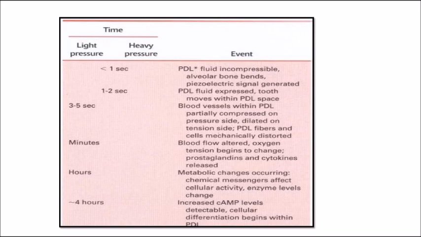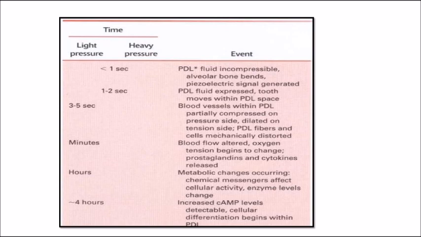Within less than 1 second, piezoelectric signals will be generated, but within 1 to 2 seconds the periodontal fluid will get expressed and the tooth will move within the periodontal space. Now we were talking about light pressure applied for 3 to 5 seconds, where the blood vessels get compressed on the pressure side and dilated on the tension side.